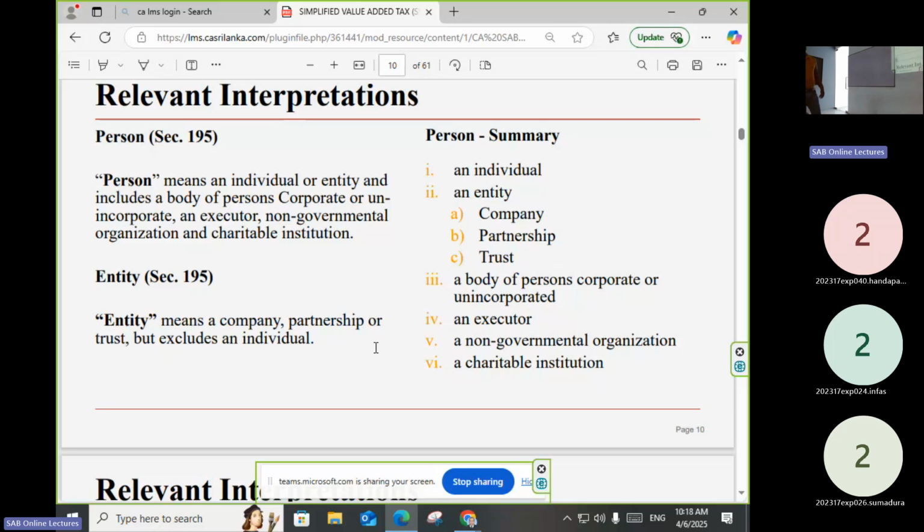If somebody is not within the meaning of person, then we cannot collect tax from them. So whoever comes under this category, whether a natural person or any arrangement, that type of activity, is covered.